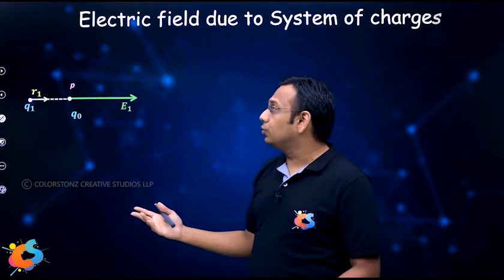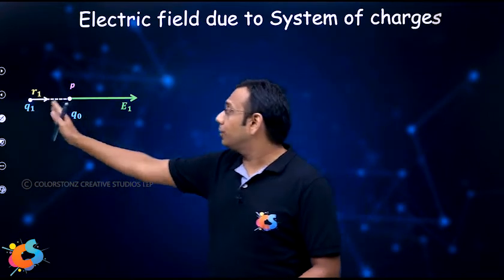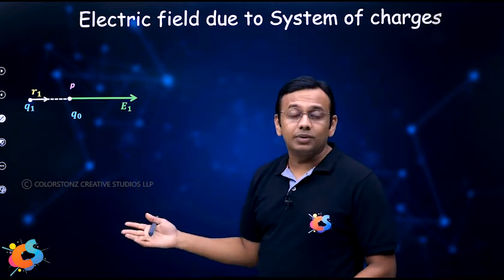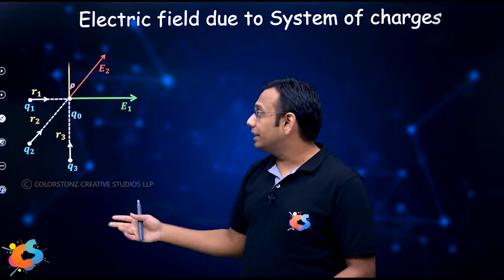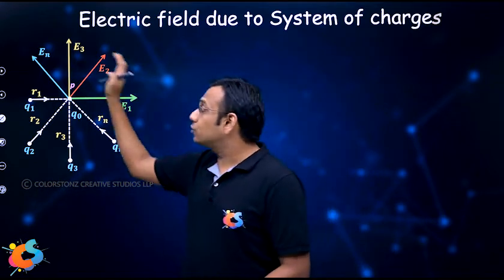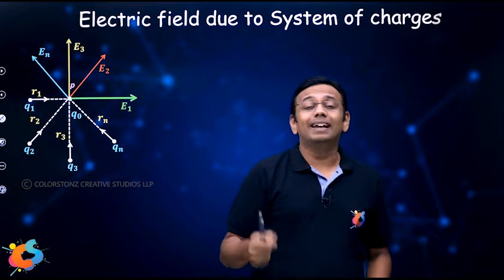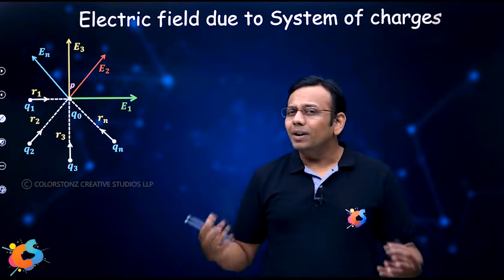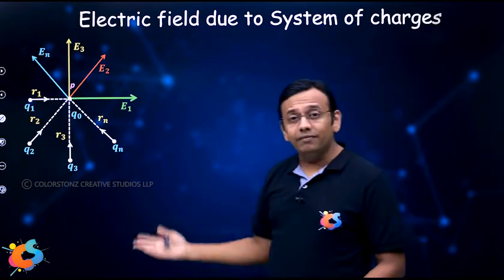Suppose there is a charge Q1, then the charge Q1 will produce some electric field E1. Similarly, if there is charge Q2, then it will produce its own electric field E2, and so on, E3, E4 up to En. So if there are n number of charges, each of them is going to produce its own electric field. But what do we do with these electric fields?